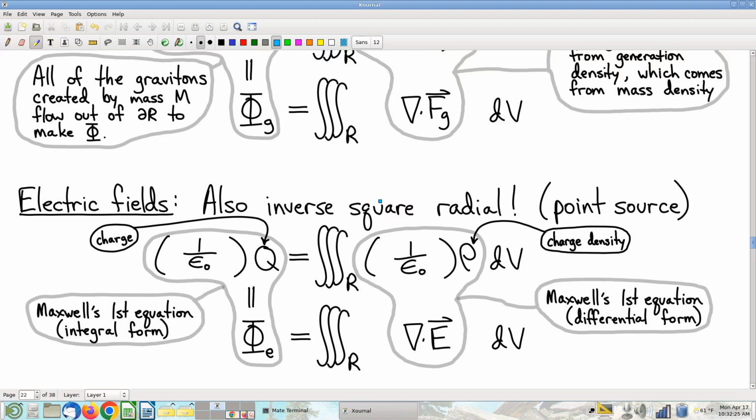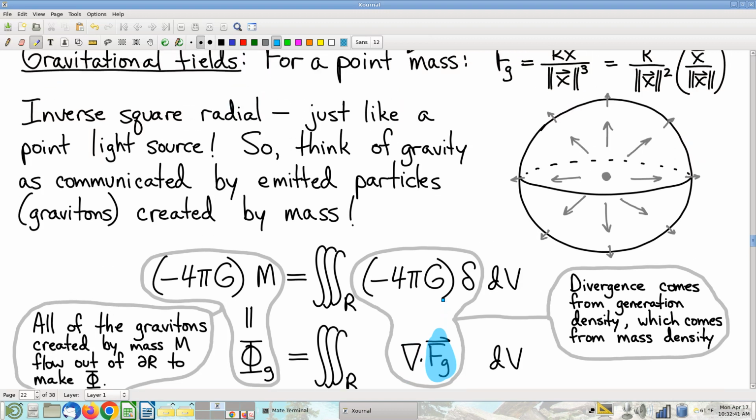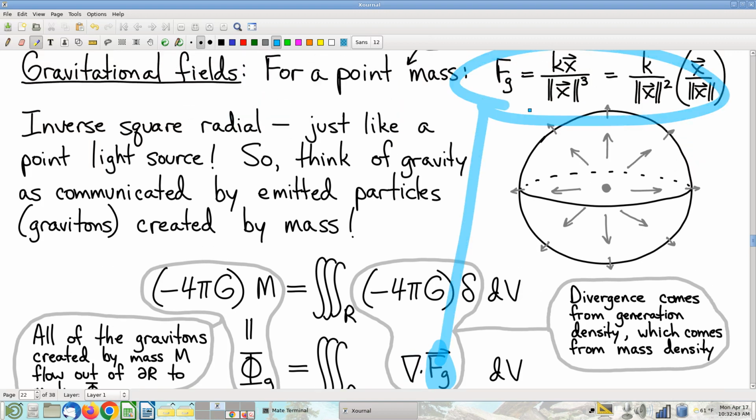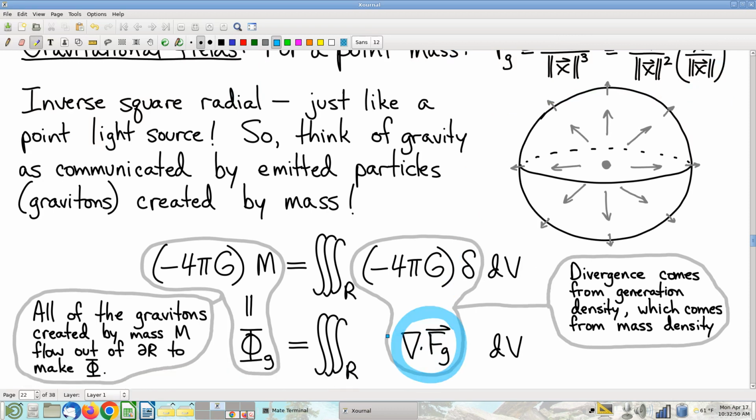For the previous one, the divergence theorem comes from generation density. The gradient vector dot FG, what is that? Oh, this says divergence, yeah. Del dot is divergence, and FG is the gravitational field. That's this thing right here. So is that generation density? This is what you might call gravitational divergence, but yes, it is also generation density, because that's what the gravitational field represents.